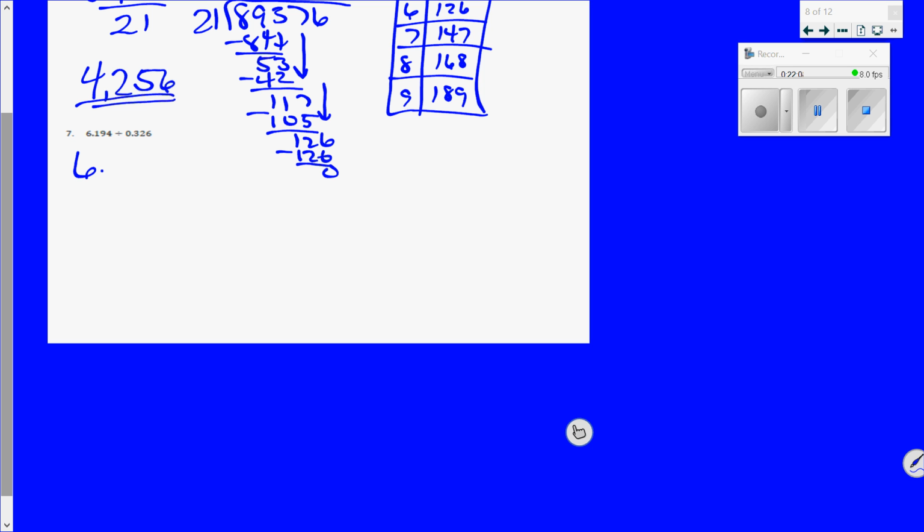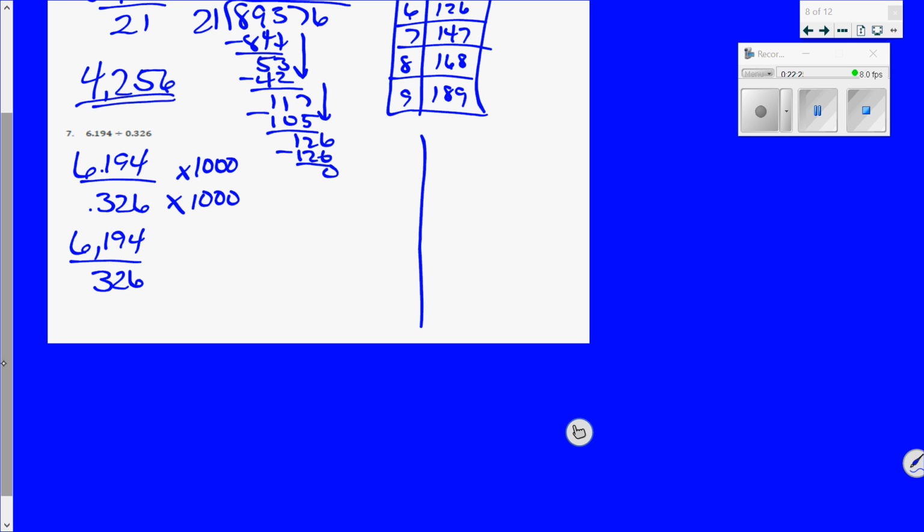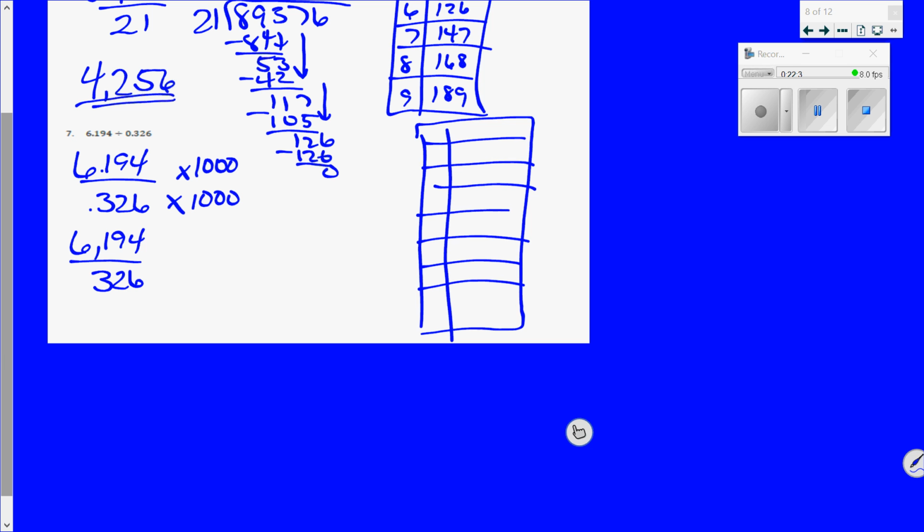Our last one, 6 and 194 thousandths divided by 326 thousandths. Again, in my denominator, I said thousandths. So I'm multiplying by 1,000. Gives me 6,194 divided by 326. This table shouldn't have been that bad. 1, 2, 3, 4, 5, 6, 7, 8, 9.